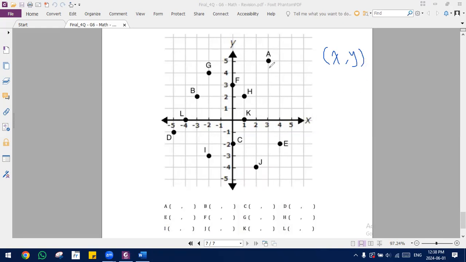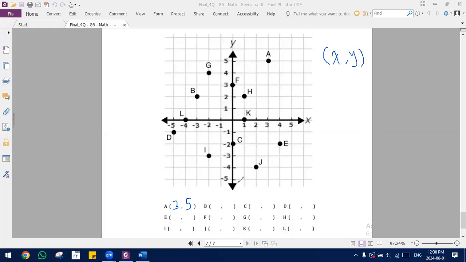Now for the point A, to find the value of it, when I go down to the x-axis, it's 3. When I go to the left to check the y value, it's 5. Now for the point B, we don't have to draw the lines. First you read down the x value.